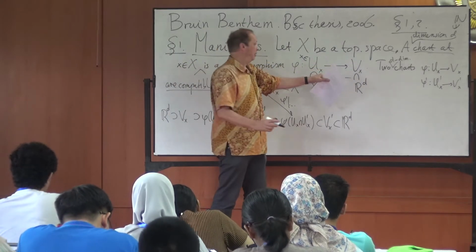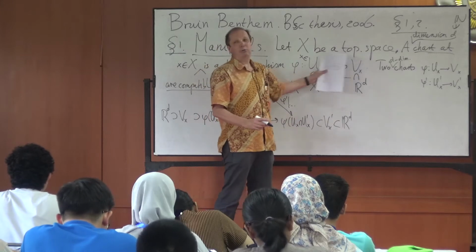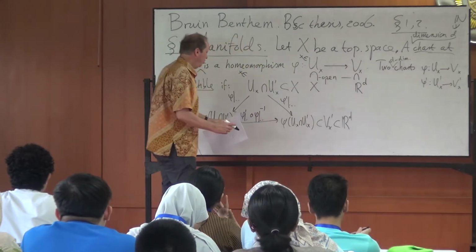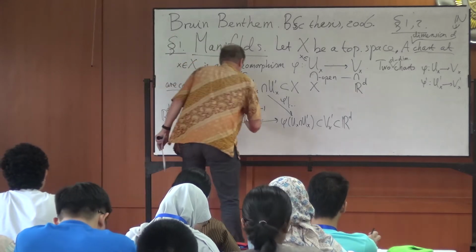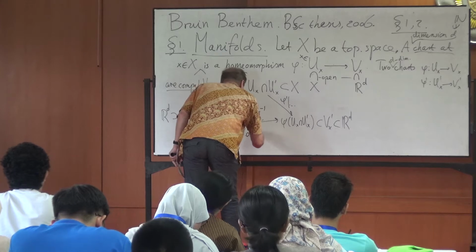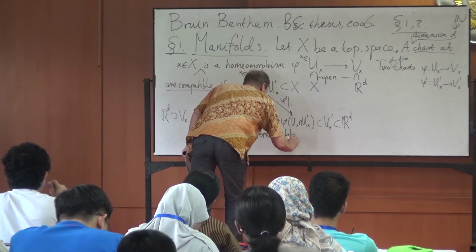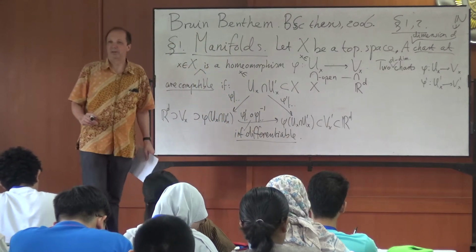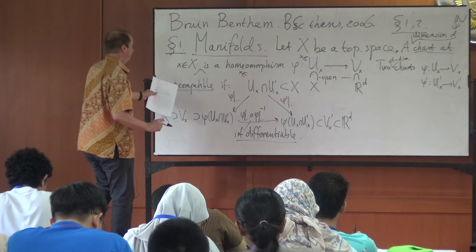This phi x is a bijective map whose inverse is also continuous, right? So I know that this is a homeomorphism, but I want that this is infinitely differentiable. That's what I want, right? Then I say that they are compatible.